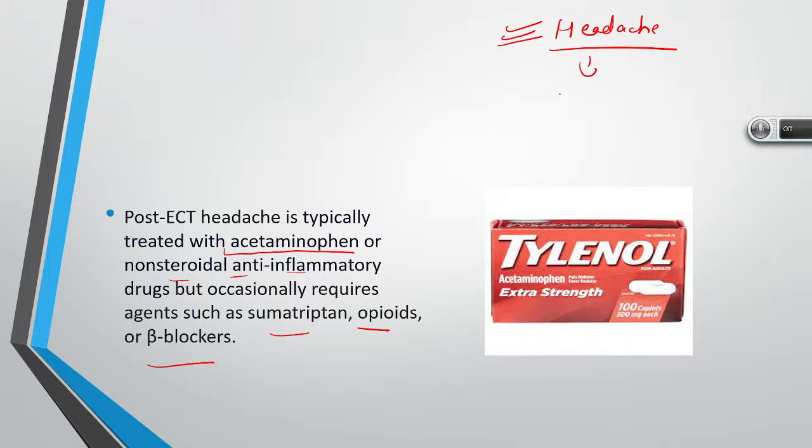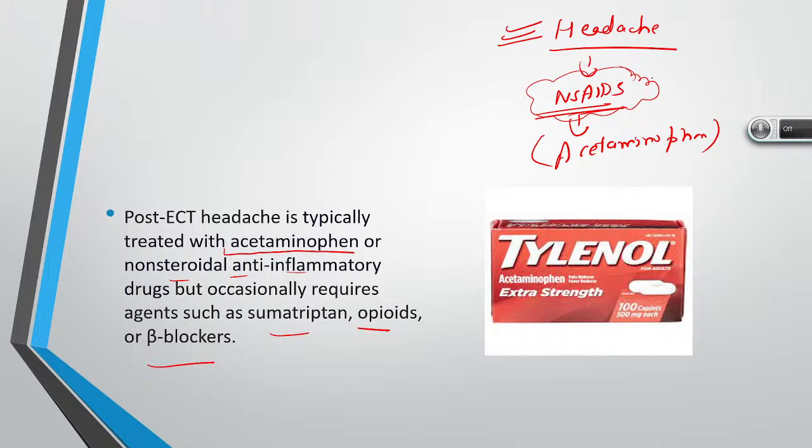We will administer NSAIDs, non-steroidal anti-inflammatory drugs, and acetaminophen is also classified with the NSAIDs. We use these for their analgesic or antipyretic purposes, that is, the headache. So the right option here is direct administration of acetaminophen.